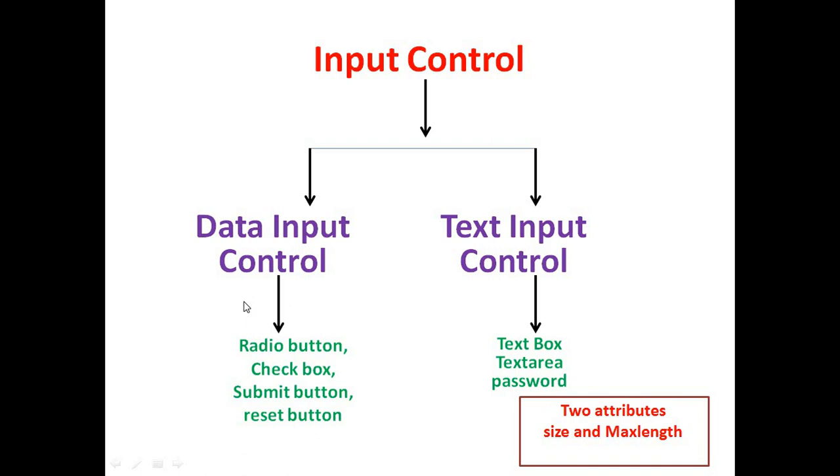Now in the forms, what input controls can be used and are used. So an input control is a type of input mechanism on a form, and these are of two types: the data input control, and the text input control. Now see here, it is data input control.